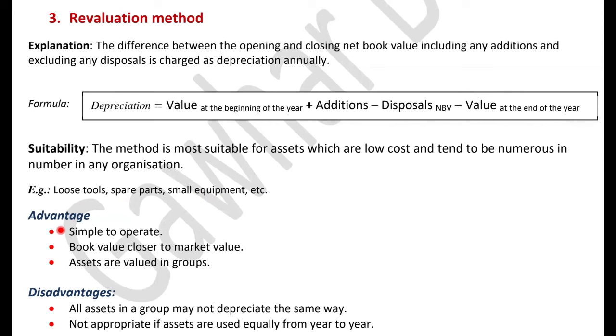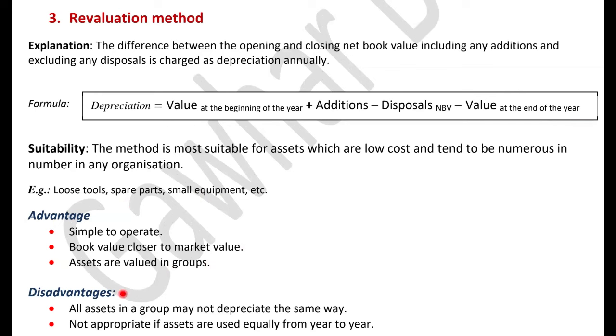Number one, simple to operate. Number two, book value is closer to market value, very realistic. And number three, assets are valued in groups, not individually. Let's go to the disadvantages.